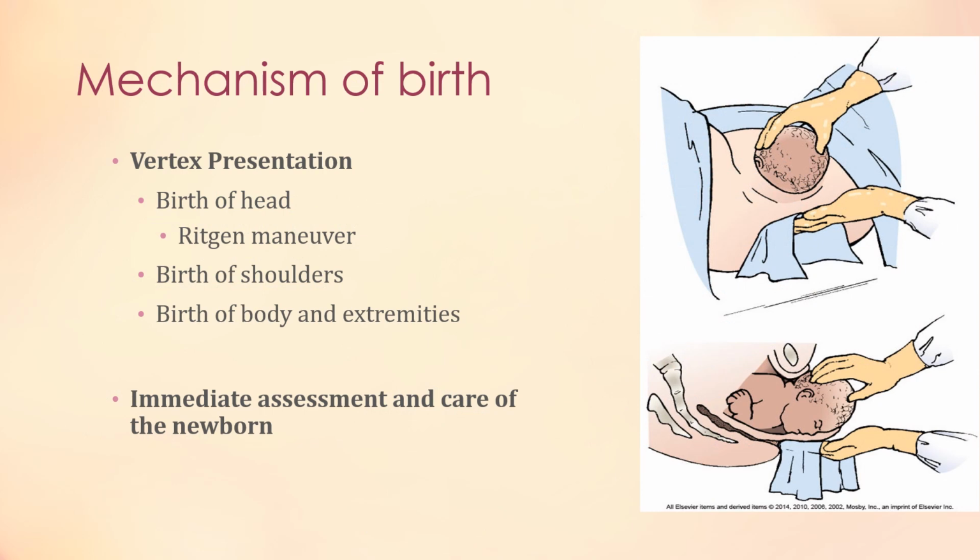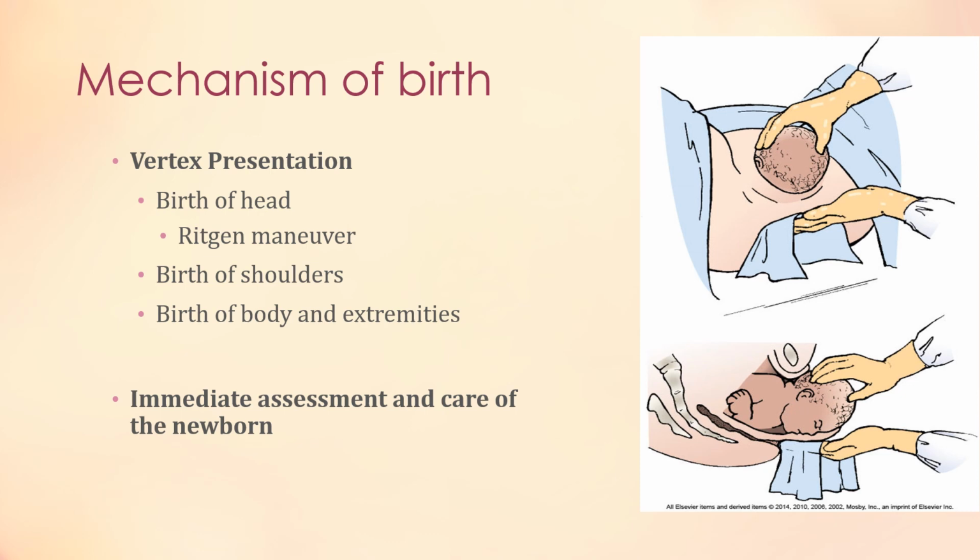So in a vertex presentation during expulsion, so the top of this picture, the baby is crowning. The provider will often put pressure on the perineum during the birth of the head. That's called the Ritgen maneuver, and that can help try to avoid tears. Then the shoulders are birthed.